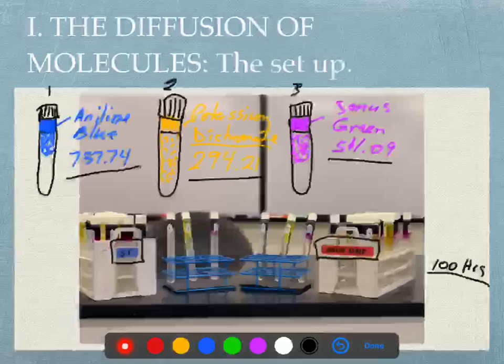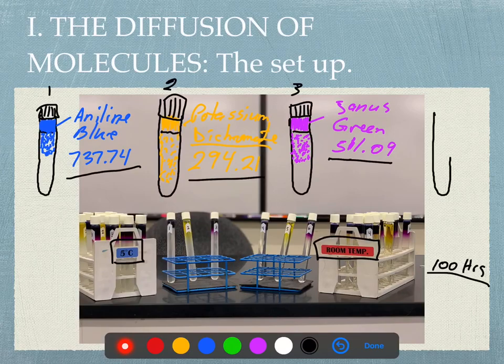Okay, but now imagine this. Imagine that we've decided to compare, let's say, potassium dichromate that was at room temperature for 100 hours versus the potassium dichromate that was placed in 5 degrees Celsius.